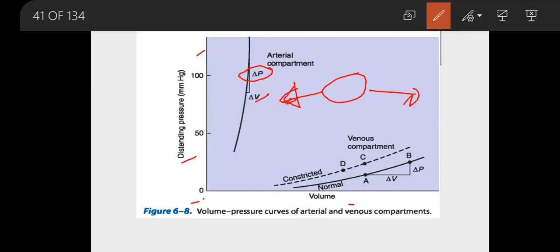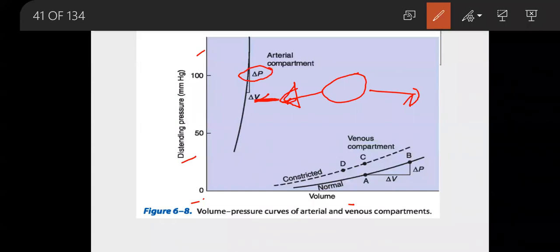when you distend the structure, for example, you push 1 liter in the structure, you will have a very high increase in the pressure for 1 liter. But if the structure is compliant, when you push 1 liter, you will have a very small increase in the pressure. So a very high change in the pressure will be associated with a very small change in the volume.